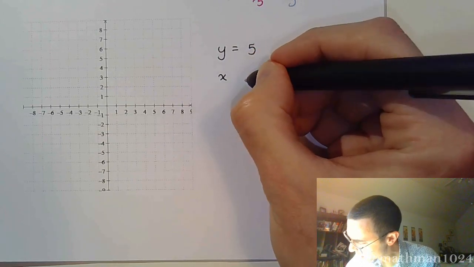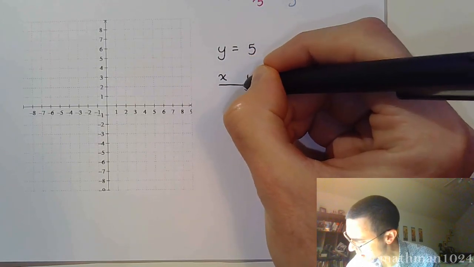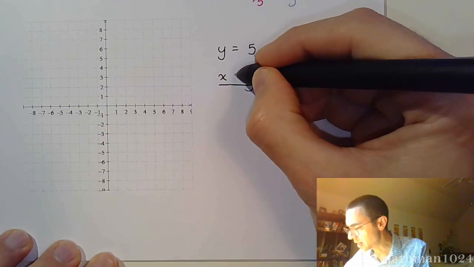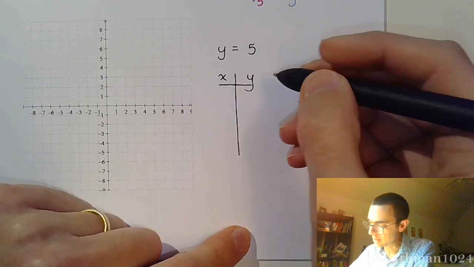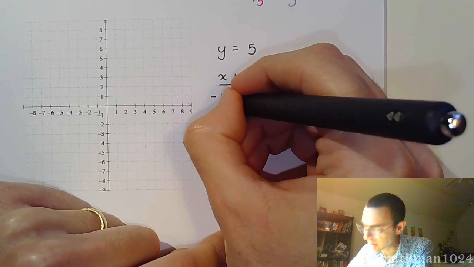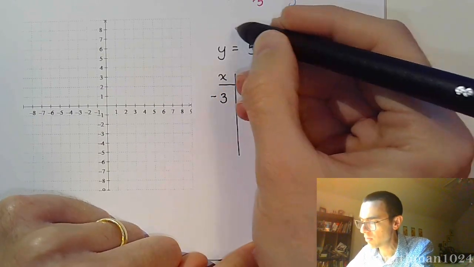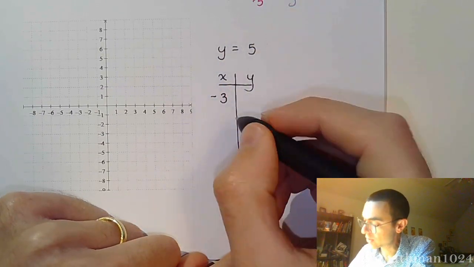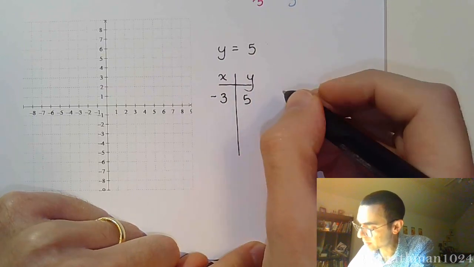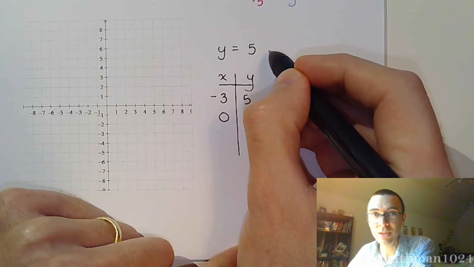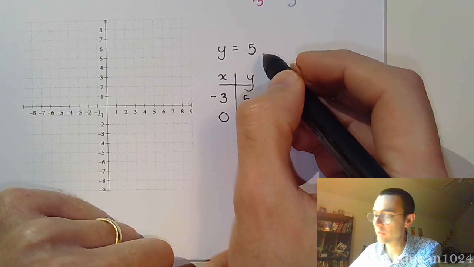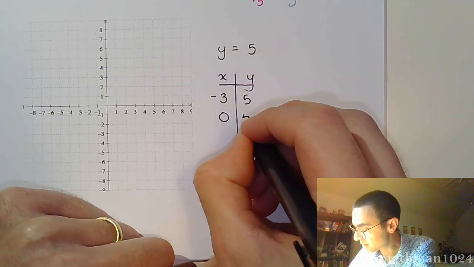Well, think about this if you were to try to make a t-table of values to get an idea about where you are. If I plug in -3 for x, there's no x here. All you have is y equals 5. If I plug in 0, there's no x to accept that value, and you're left with y equals 5.